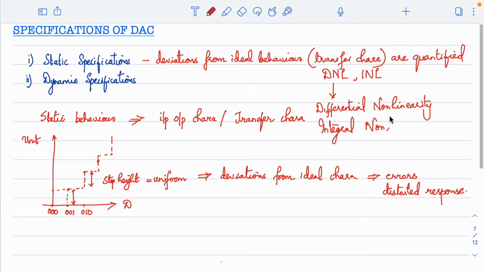Right. So ideally a DAC or an ADC, ideal behavior, we know the ideal behavior for a DAC is for every input change there is one LSB change.